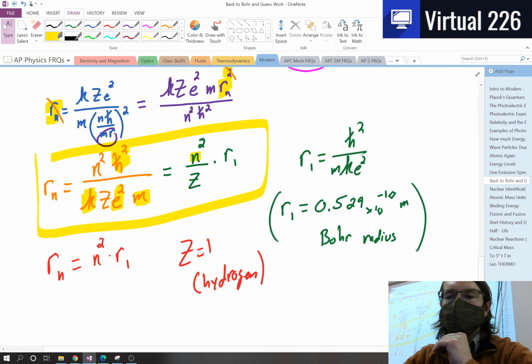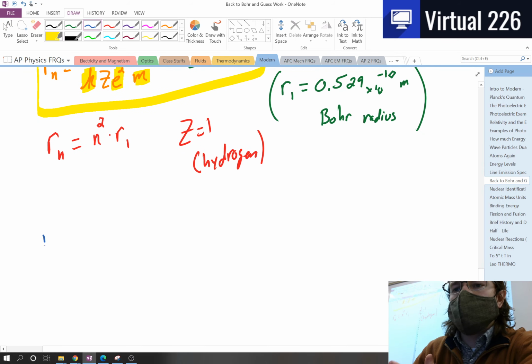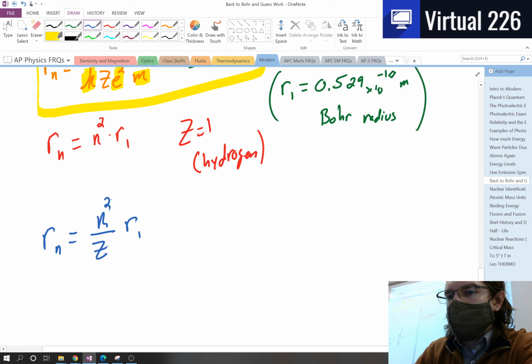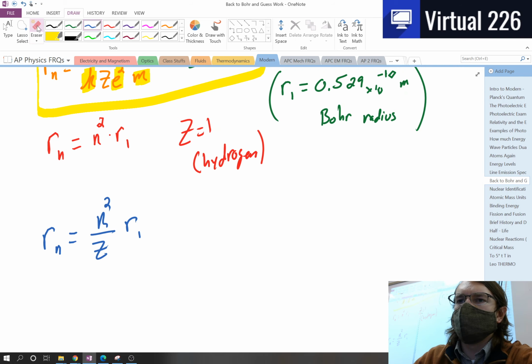Now, like I said, if we didn't have hydrogen, this equation would change just ever so slightly. We just put that Z back in. We just get n squared over Z times R1. Nothing crazy there. Well, remember, this n is just the principal quantum number.